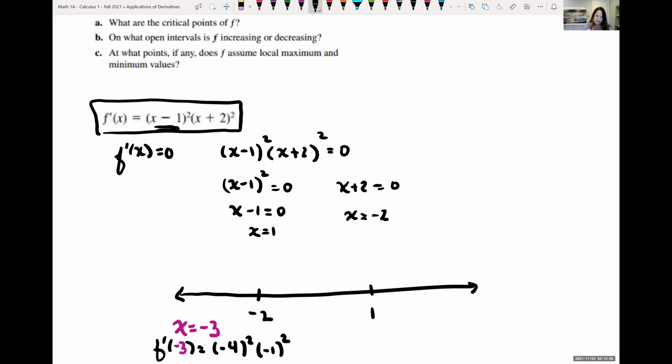Notice that each place we plug in our x, we're squaring that quantity after we simplify, so we always get a positive value. So this is greater than 0. Since f prime of x to the left of x equals -2 is greater than 0, this tells me that my function is increasing here.